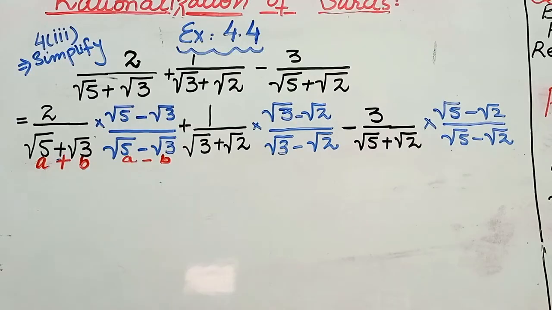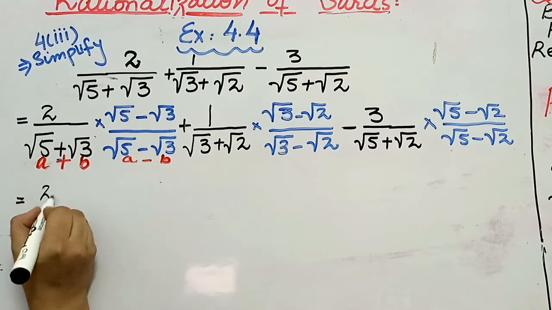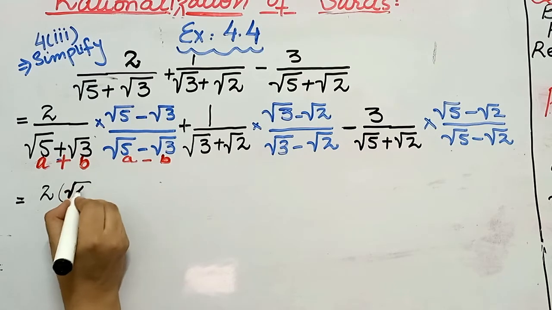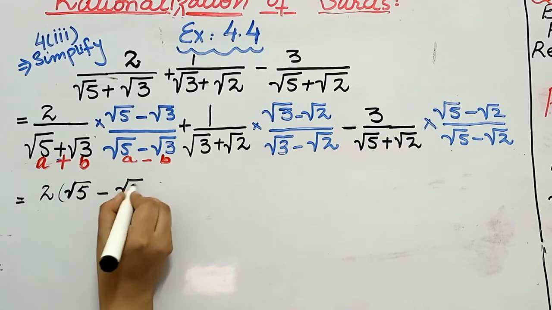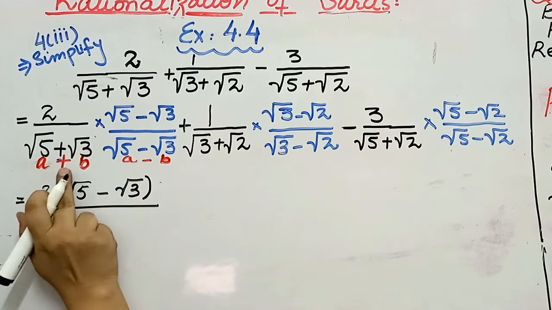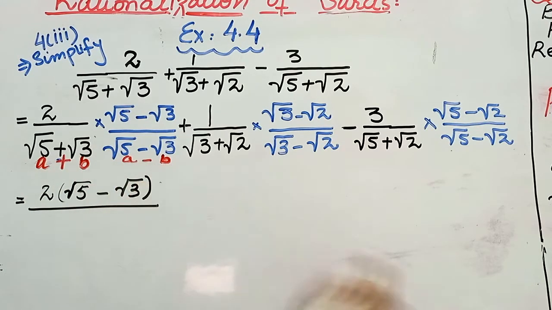So the numerator will be 2 into under root 5 minus under root 3, divided by this is a plus b into a minus b. We know that a plus b into a minus b is equal to a square minus b square.